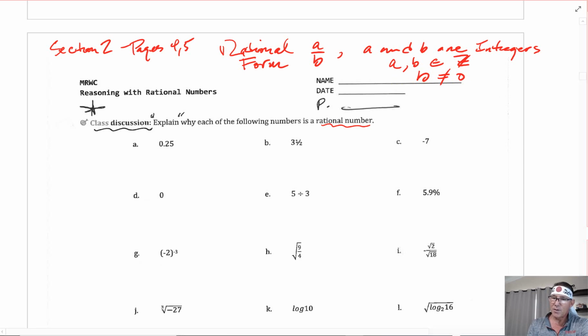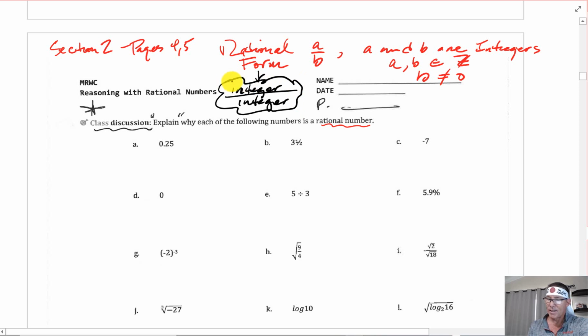So basically, rational form, in other words, because a and b are integers, is an integer divided by another integer. It's also important to know what an integer is, because if you don't know what that is, obviously you can't visualize it. So let's write down integer.